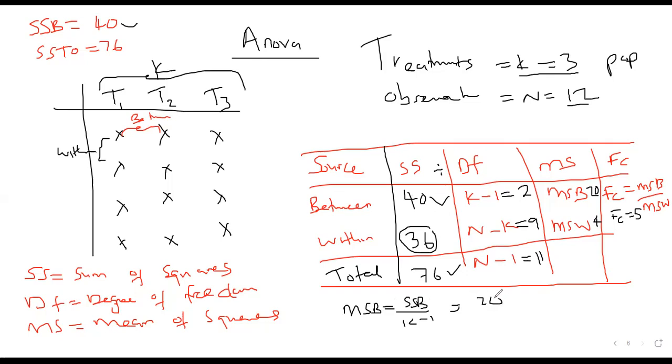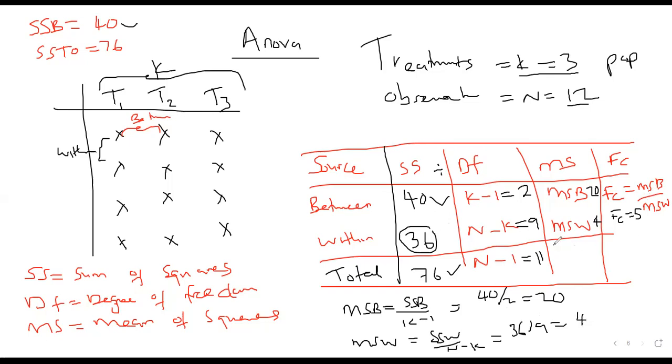So 40 over 2, which is 20. And the mean square within was simply the sum of square within over N minus K. So here we had 36 divided by 9, which is 4.